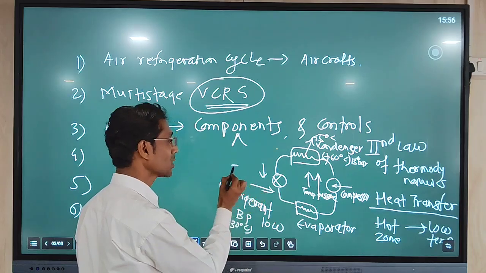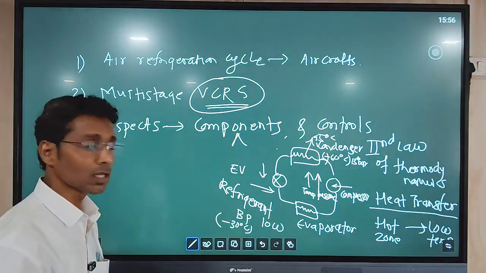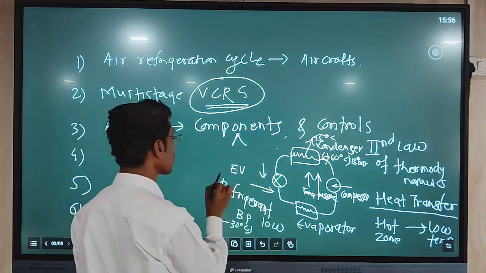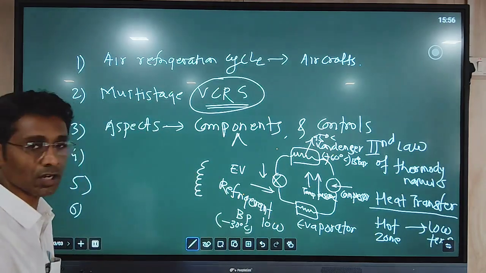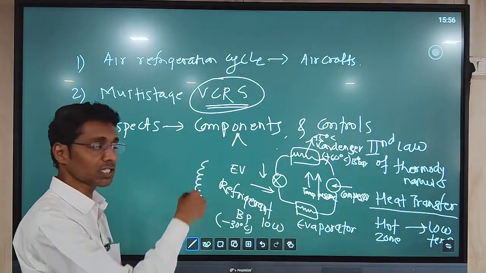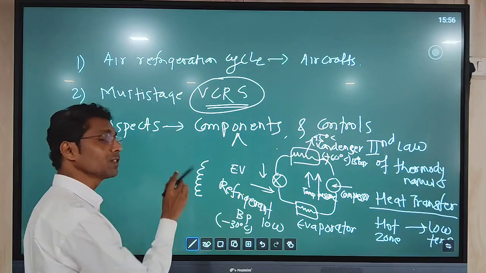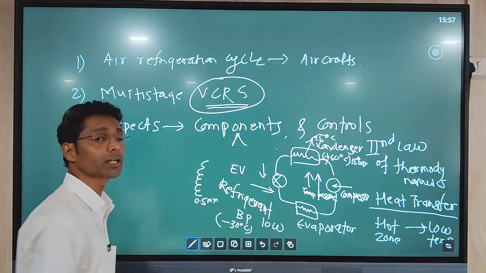We call it the expansion valve or throttling device. There are different names. The expansion valve is also called the capillary tube. In a domestic refrigerator, we see this kind of structure, the capillary tube. The refrigerant is passed through this capillary tube. The diameter of this tube is very small, about 0.5 millimeter.